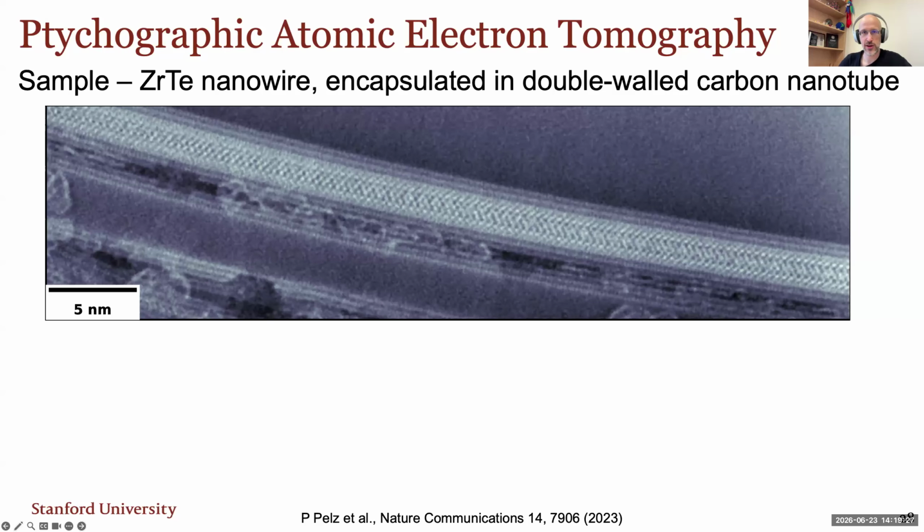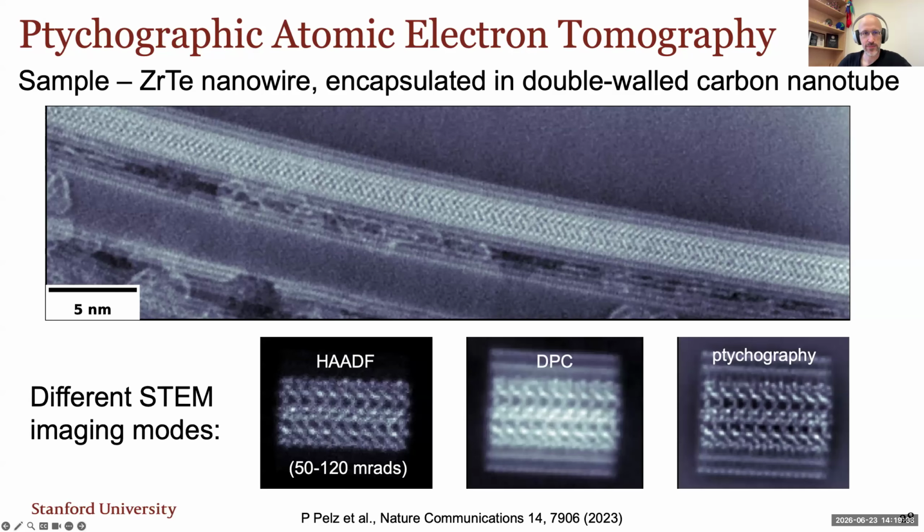Okay, so now combining the two sections I showed you before to give you an idea for the state of the art in electron microscopy, this is a zirconium tellurium nanowire encapsulated in a double wall carbon nanotube. So if I were to look at the different imaging modes here, the HAADF, the high angle annular dark field, I see the zirconium, I see the tellurium, but no nanotube. If you look at the middle panel, differential phase contrast, now I can see the double wall carbon nanotube, but the resolution suffers, especially in the nanowire.